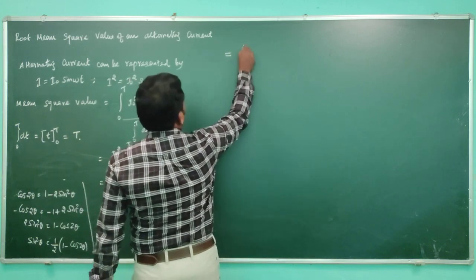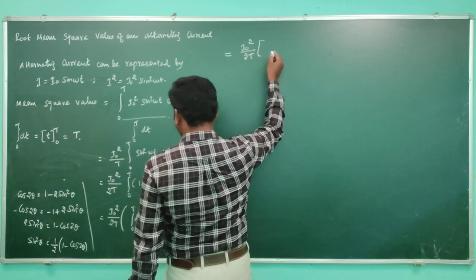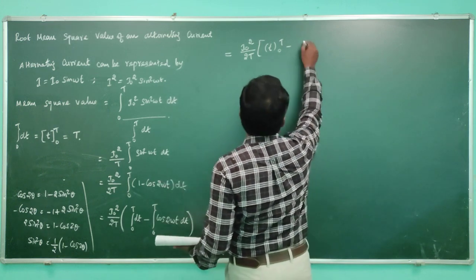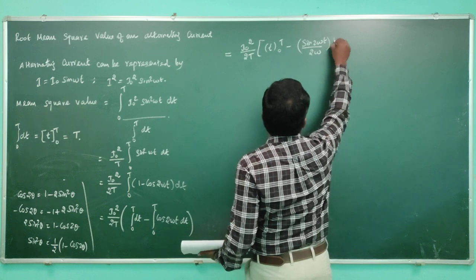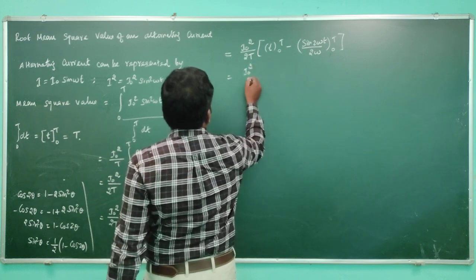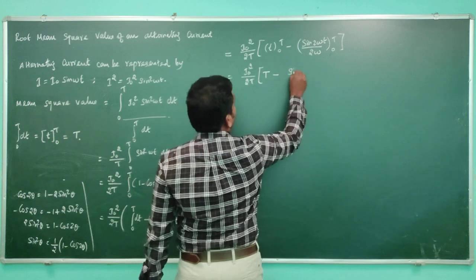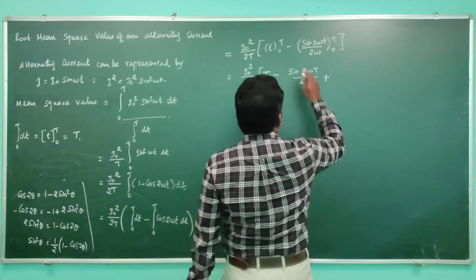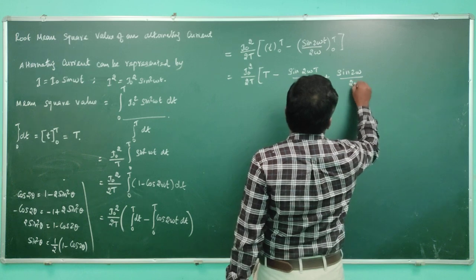So here you can write again I naught square by 2T, with t running from 0 to T, minus, the integral of cos 2 omega t becomes sin 2 omega t by 2 omega, from 0 to T. So this becomes I naught square by 2T, here it becomes T, minus sin 2 omega T by 2 omega plus sin 2 omega by 2 omega into 0.